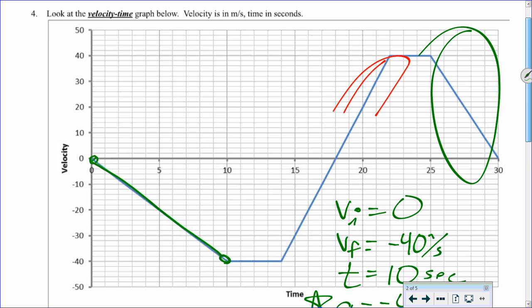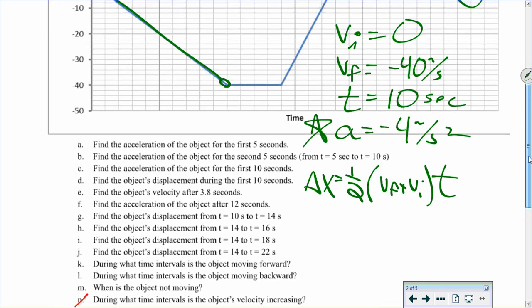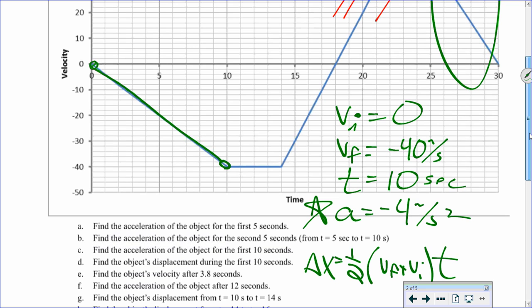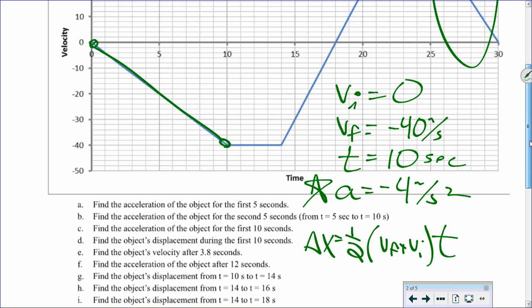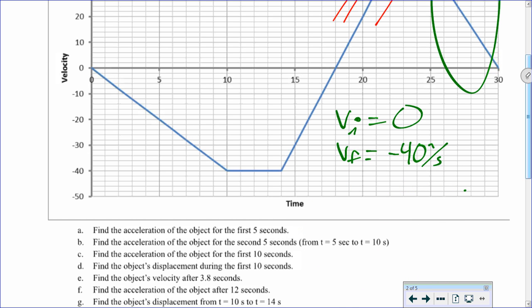Find the displacement from, yes. Oh, I thought it was a different problem. I think I just put in the wrong number. You're trying to find the displacement from 14 to 18 seconds. So it's almost the exact same thing.